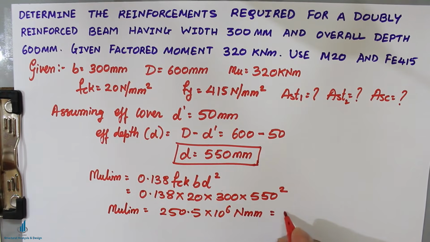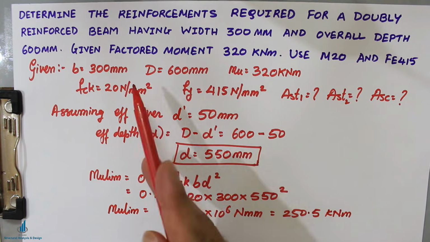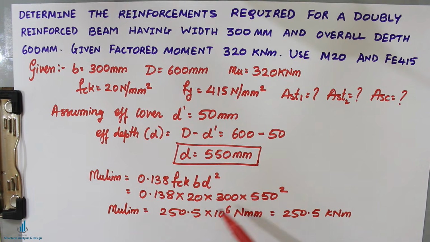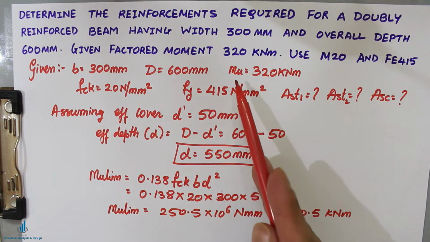Now the factored moment that was given, that is ultimate moment, is 320 kilonewton meter, and the limiting value for this section, as far as this b and d, you are getting 250.5 kilonewton meter, which is way less than this ultimate moment.